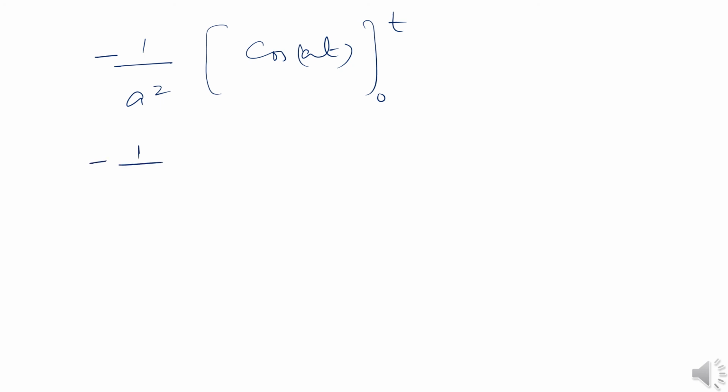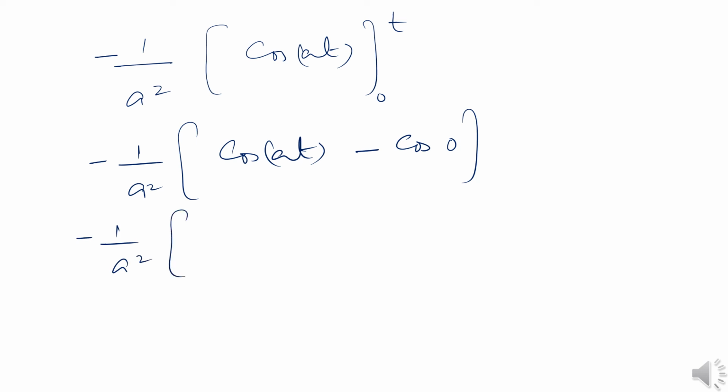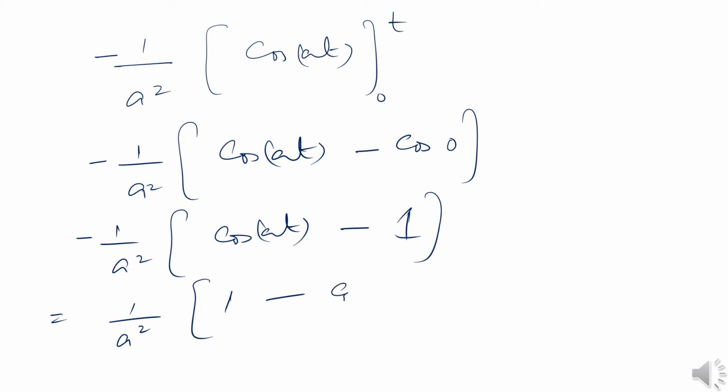Now I apply the limits, and we get cos a t minus cos of 0. I simplify: cos of a t remains the same and cos of 0 is 1. Now I multiply the negative sign into the bracket, and I get 1 minus cos a t inside.